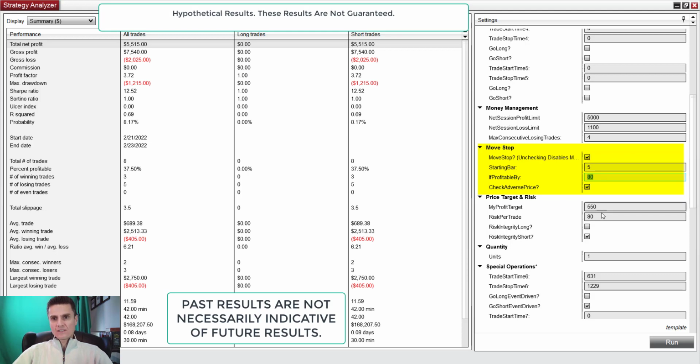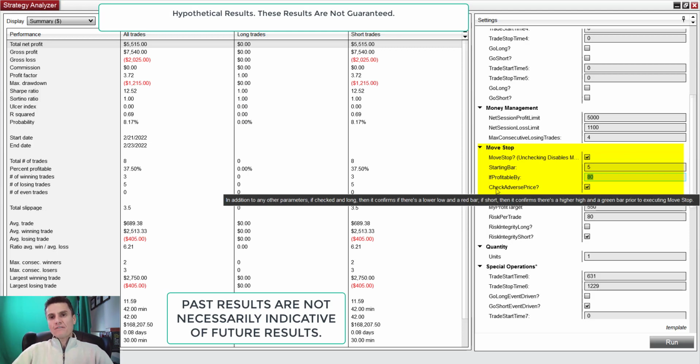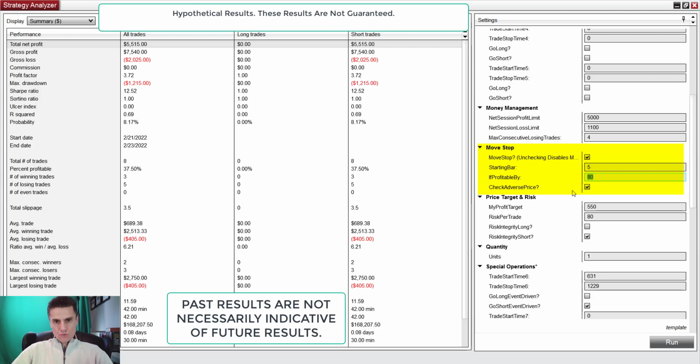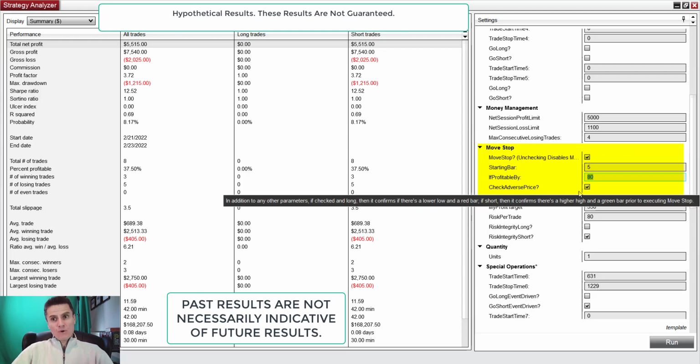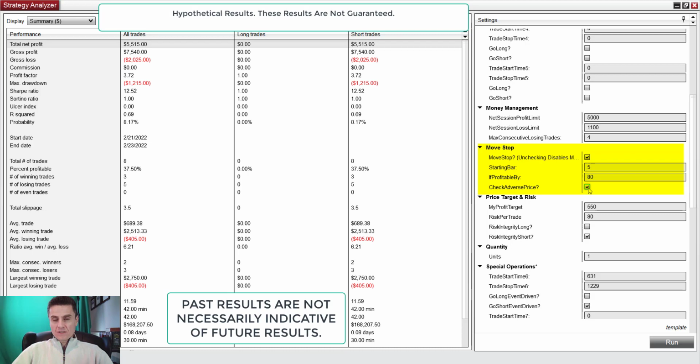and I put that 80 only to match the risk that I have, the stop that I have for 80. I could have put 100, I could have put double the risk, 160. I chose to put 80. And if you have price move against you, so check adverse price, that's optional. I could say, for example, I don't want to check that.